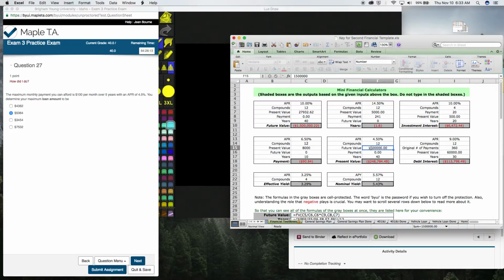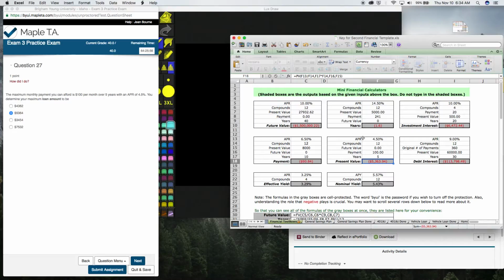Future value is going to be 0, right? Because you're paying off your loan. Your payment is going to be $100 a month over 5 years. So the maximum amount of loan you want to get is that.